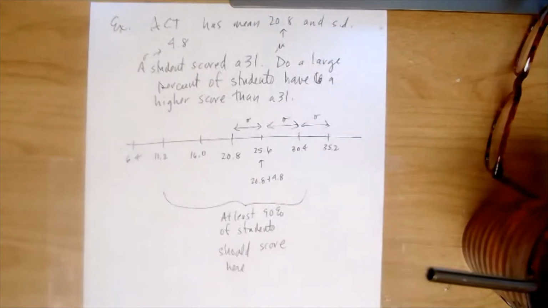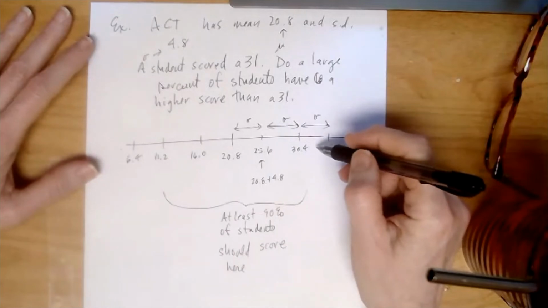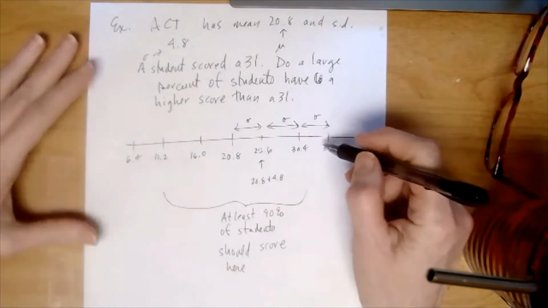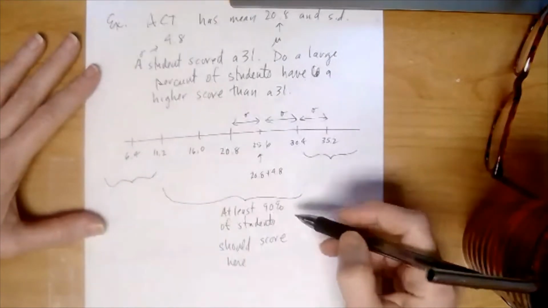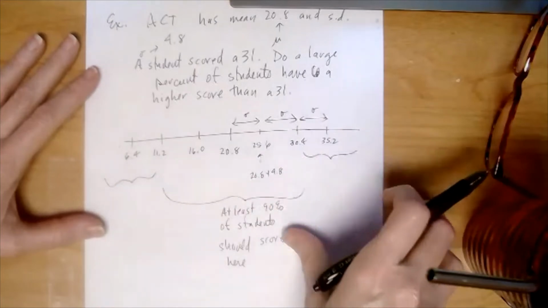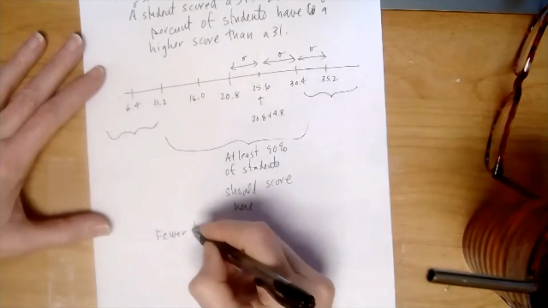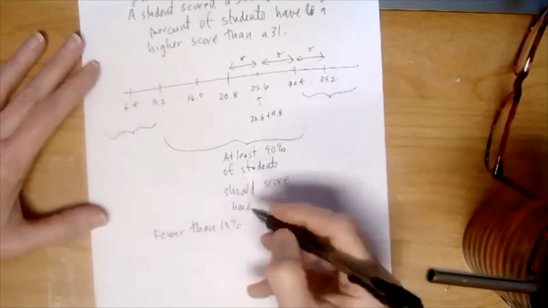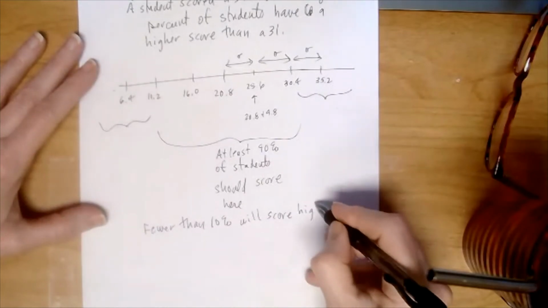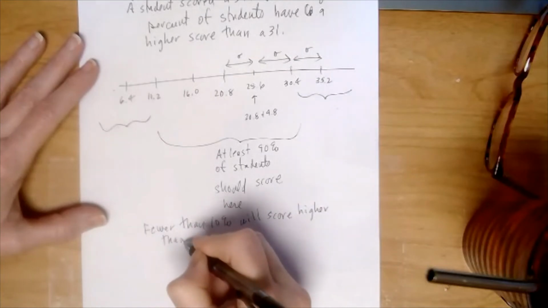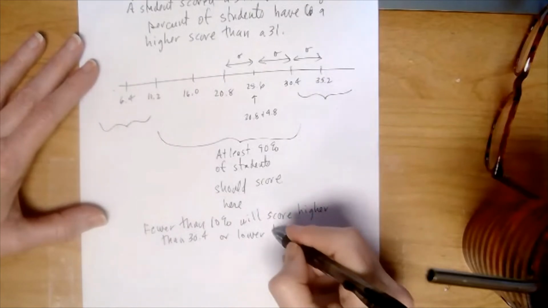So if I have 90% in here, then the probability of being outside here, which is either here or here, is at most 10%. This one and this one together, so fewer than 10%, will score higher than 30.4 or lower than 11.2.